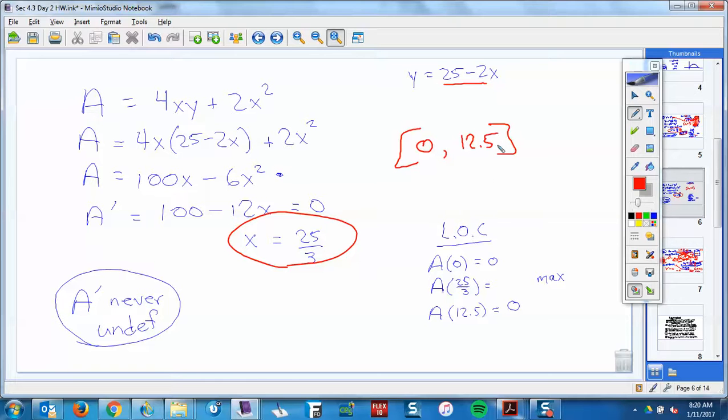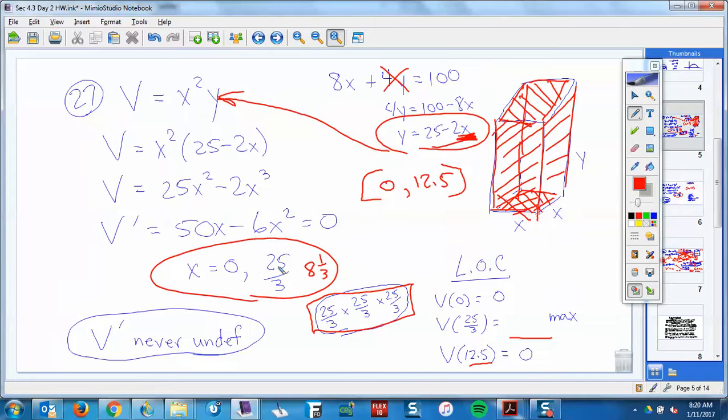Those two things aren't going to change in this problem. We plug those into our area. I think they got 1,250 divided by 3, whatever that is, 416 or something like that. Whatever that number came out to be, that's going to be your max. And your dimensions, again, are going to be just like this. It's going to be a cube.